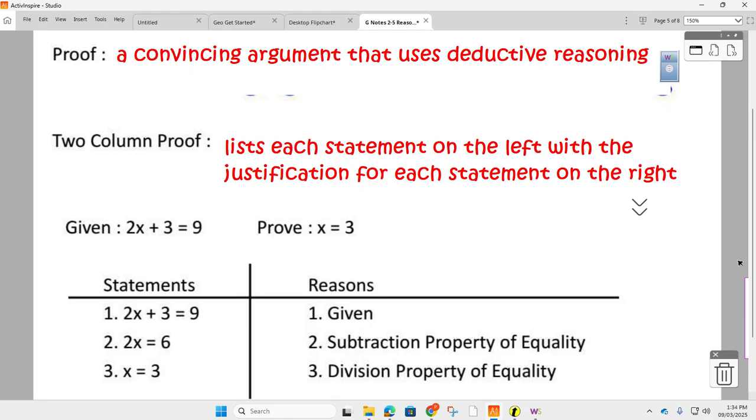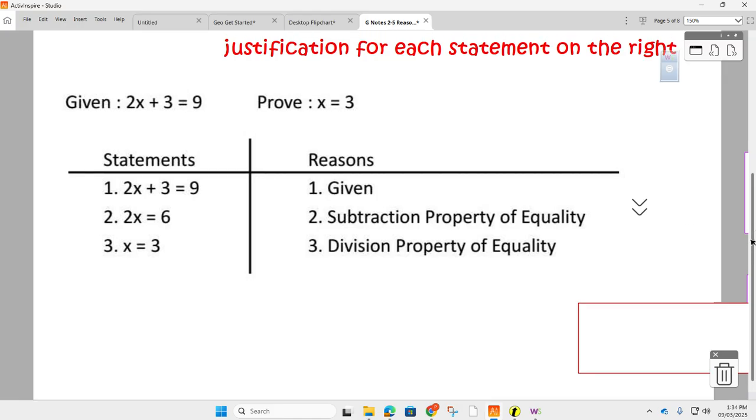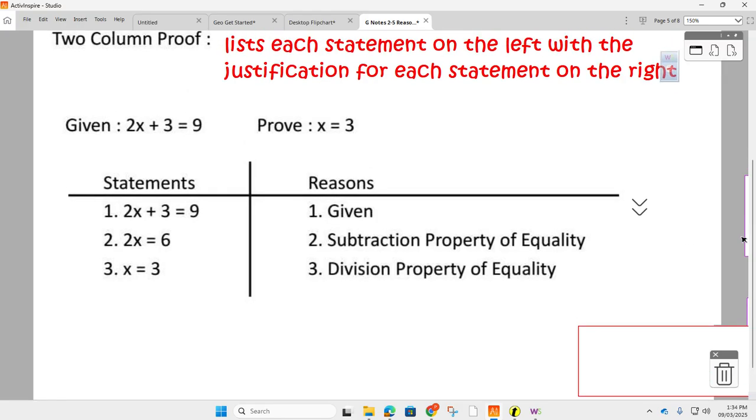So 2 times (x plus 3) equals 9, that's a given. So the statement, the reason is given. What do we do to get from statement 1 to statement 2, Sharad? How do we go from statement 1 to statement 2? This is 2x plus 3 equals 9, now 2x equals 6.